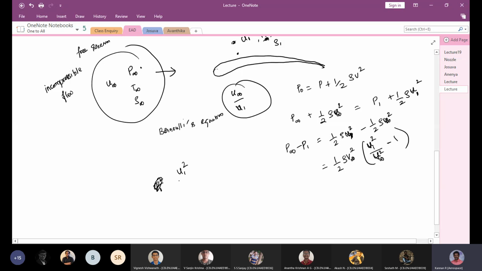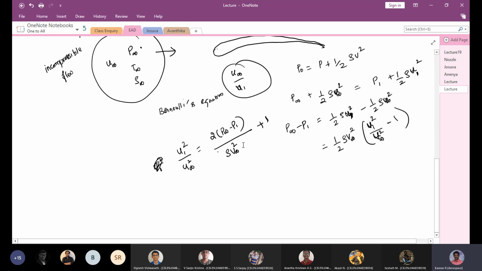So U1 square by U infinity square is equal to 2 times P infinity minus P1 divided by rho U infinity square, plus 1.